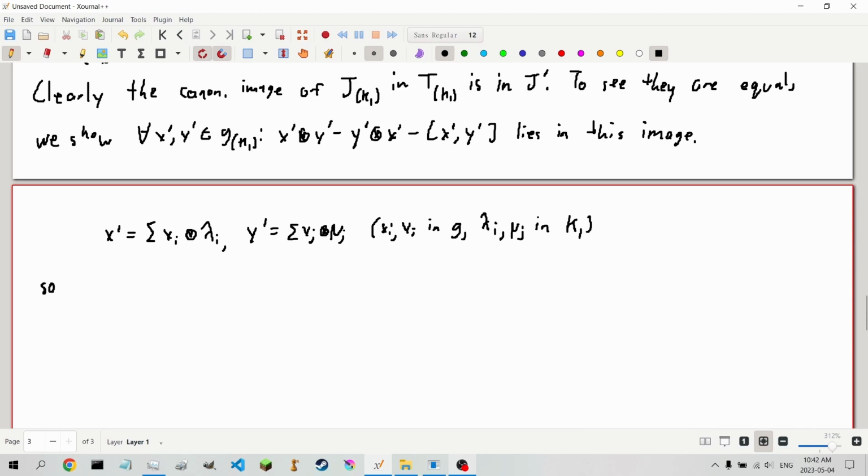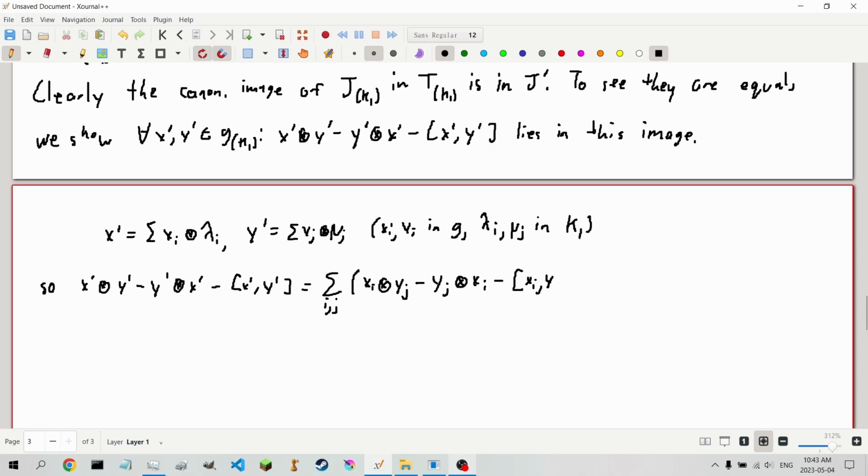And so we get that x prime tensor y prime minus y prime tensor x prime minus the bracket of x prime and y prime is just the sum over both i and j of xi tensor yj minus yj tensor xi minus the bracket of xi and yj.